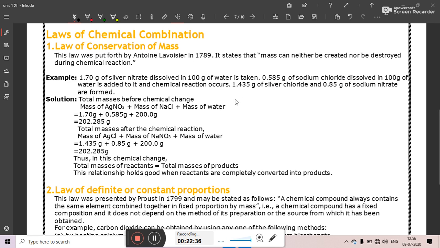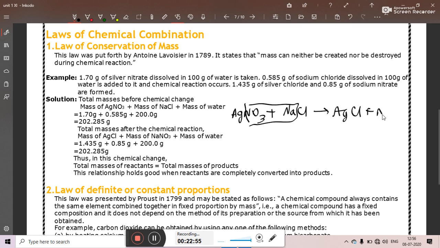So here if you see a balanced equation, we are having silver nitrate and it is mixed with sodium chloride in water. So finally we are getting silver chloride and sodium nitrate.